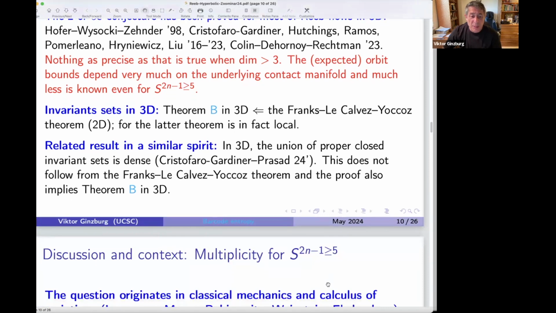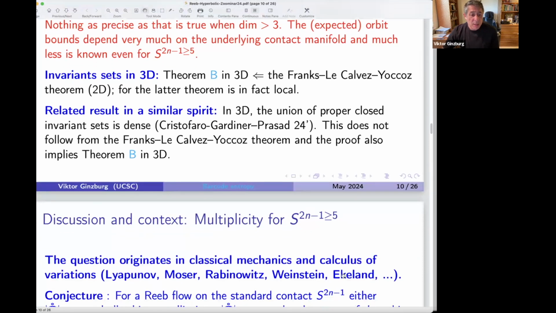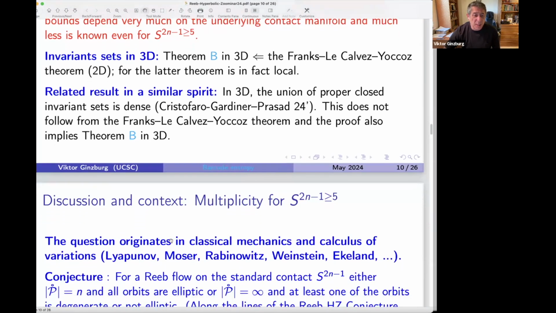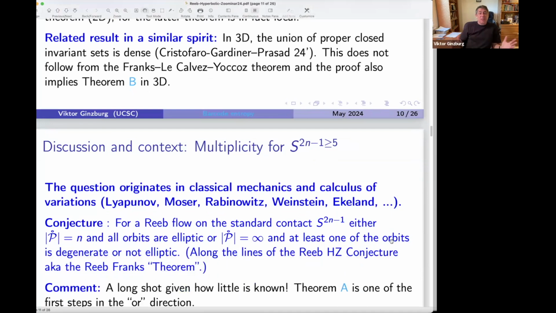So let's talk about the first one. Let's talk about multiplicity. The question is very old. It probably goes back to the beginning of the 20th century, starting with Lyapunov, then in the heroic era of symplectic geometry and dynamics, Moser, Rabinowitz, Weinstein, and Ekeland, people worked on it. The general conjecture here, it's a pretty cheap conjecture.